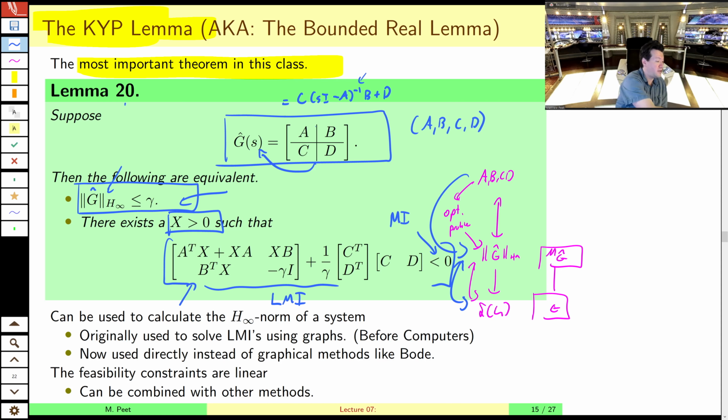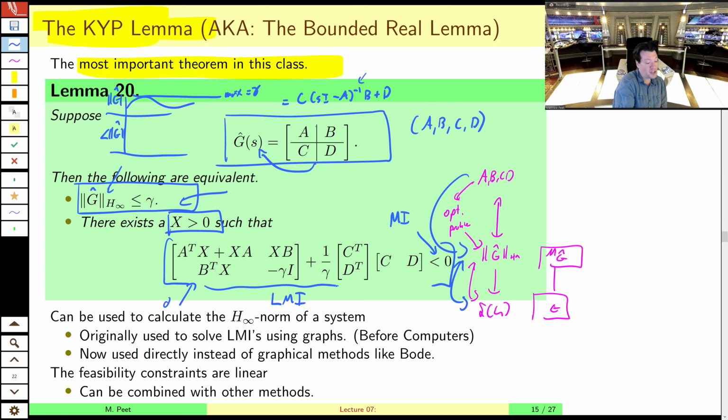You just write out the Bode plot, the magnitude and the phase of G hat of i omega, and you look at the magnitude plot, and the maximum value of that is the H infinity norm. So you can verify this optimization problem. The original goal was to take an optimization problem and turn it into a graphical test using the Bode plot, by constructing the associated transfer function and finding its maximum norm.